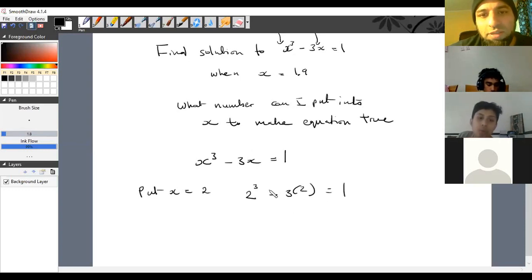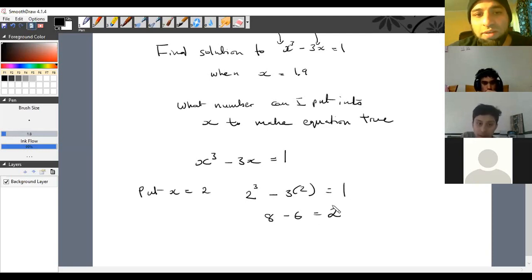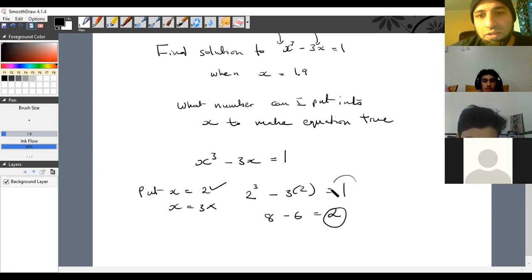Does that equal 1? Let's see. 2 to the power of 3 is 8. 8 minus 3 times 2, which is 6, equals 2. So that's much closer to 1. X equals 2 is much closer than x equals 3, which was really far away. This is closer because when I put x equals 2, I get an answer of 2, and that's closer to 1. You see what's going on?